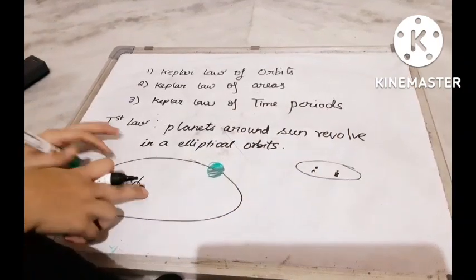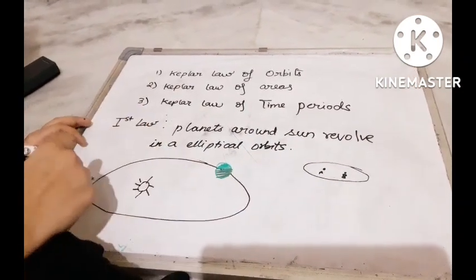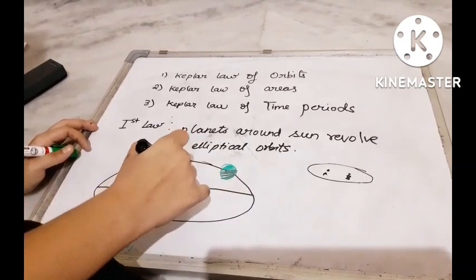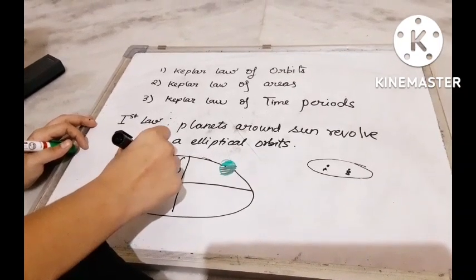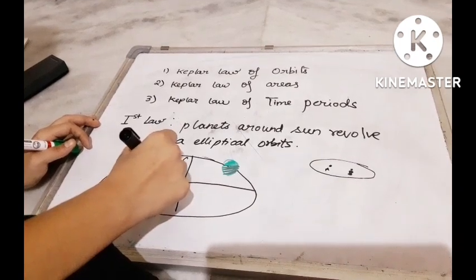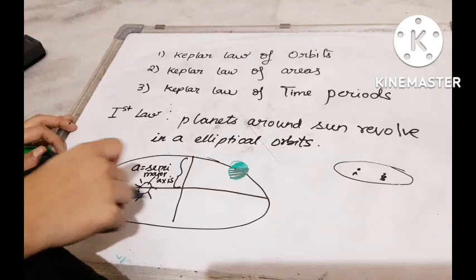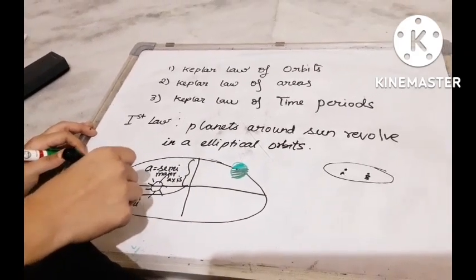So the sun will be at one of the focus for the planet, and this part we can call semi-major axis, and this part we can call semi-minor axis.